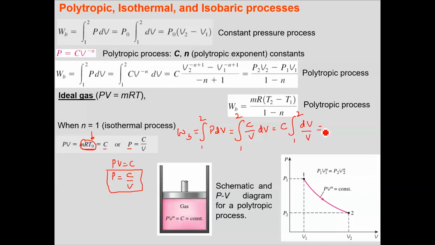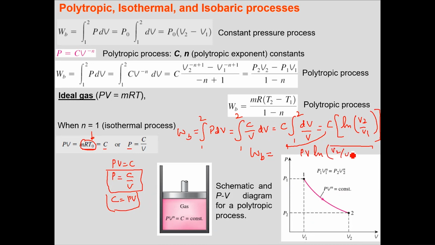The integral of dV over V is what? C multiplied by ln V2 over V1. Is it clear? Yes, sir. And you can express C as PV. C is nothing but PV. So the boundary work is equivalent to PV ln V2 over V1.